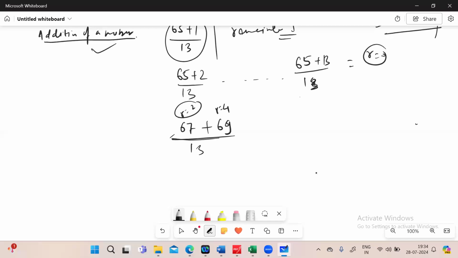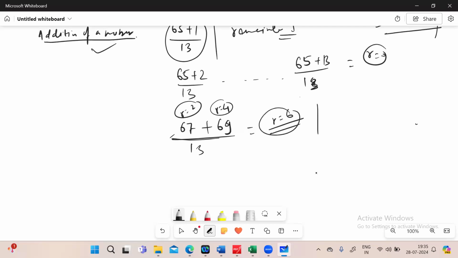If I add those numbers, what will be the remainder now? 6. Remainder will get added. And it will be 0 if the extra part or remainder of both of the terms sums up to 13 or a multiple of 13. So it will be 0.